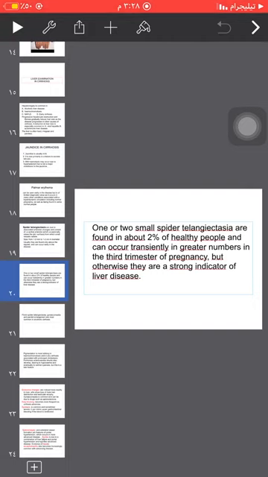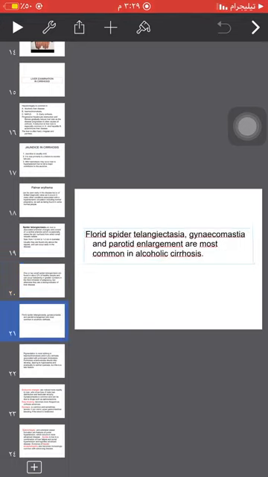One or two small spider telangiectasia are found in 2% of people and can occur transiently in a great number in the third trimester of pregnancy, and otherwise they are a strong indicator of the liver disease. يعني من الممكن أن نشوفه أيضا بالبريجنسي ك one of the signs of the pregnancy بسبب dilatation يصير، ولكن غير هاي هي من strong indicator of the chronic liver disease.